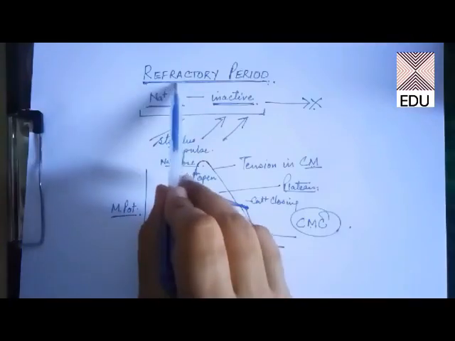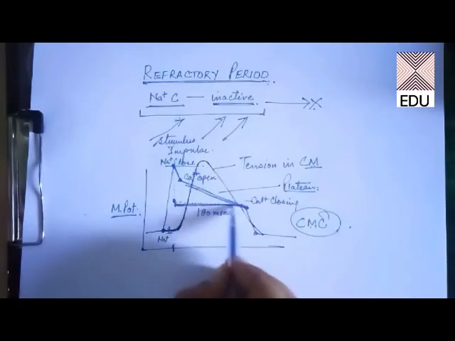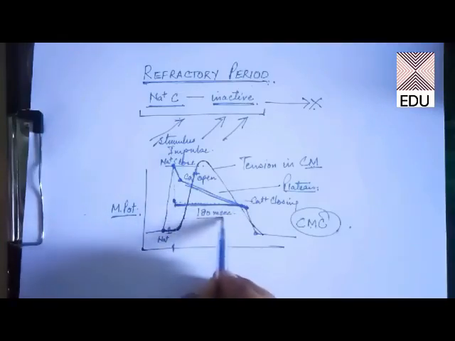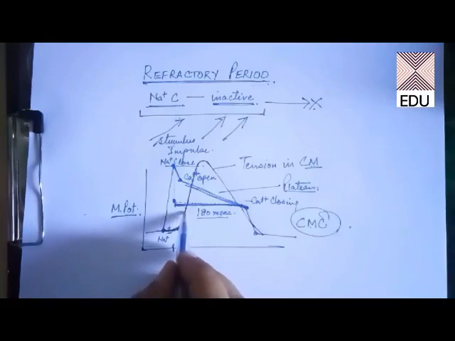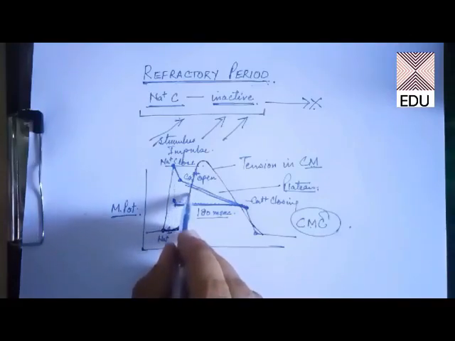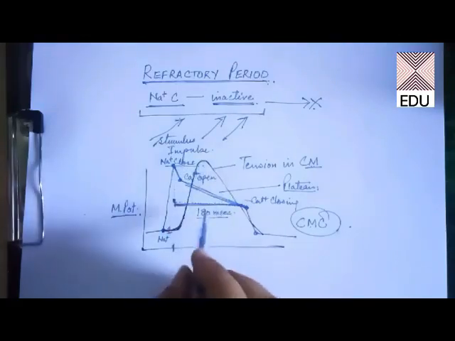So we are talking about the refractory period, and this is the refractory period. This is of 180 milliseconds, and now the heart is contracting. It is under systolic contraction.